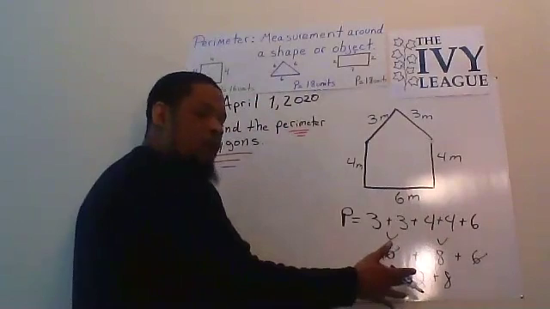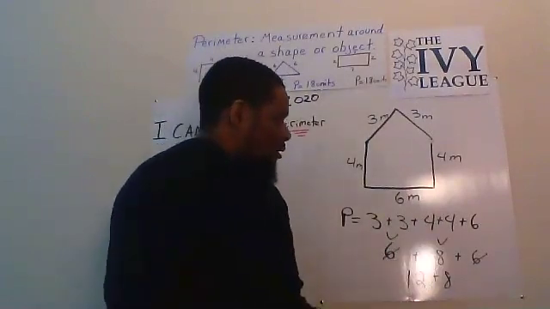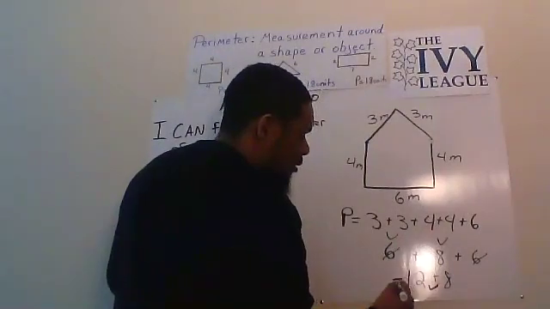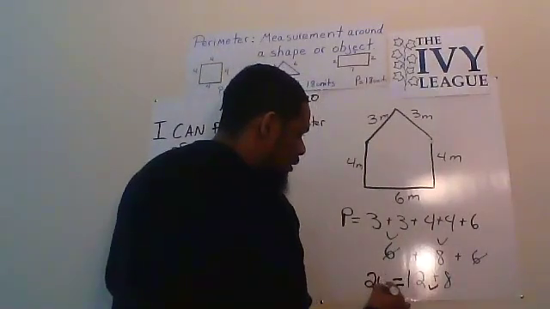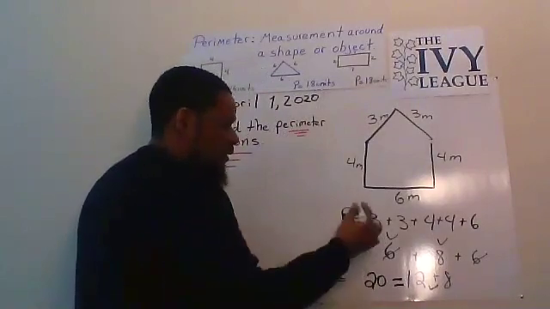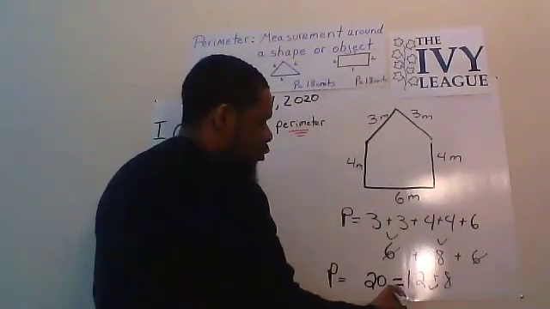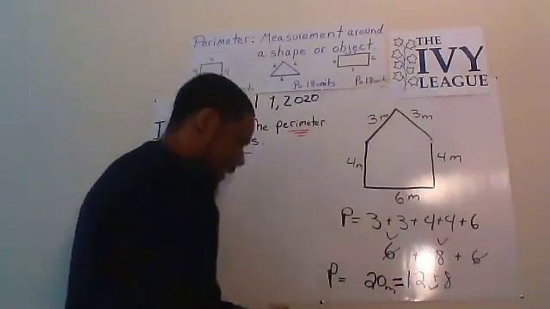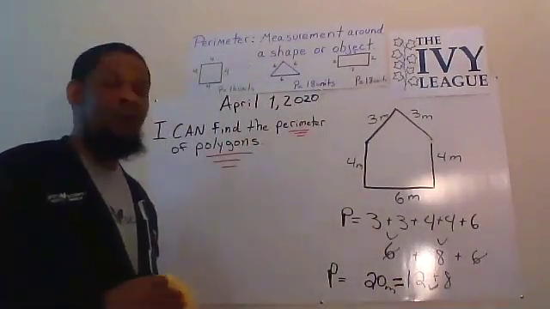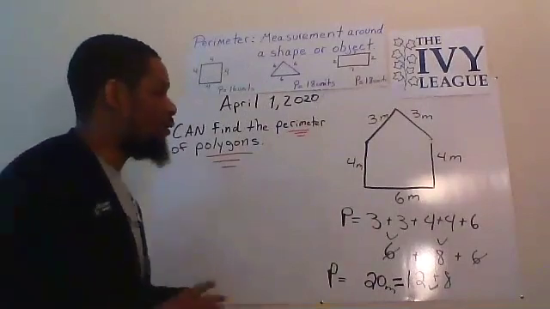And I know 12 ones plus 8 ones equals 20. So I know the perimeter of this pentagon is 20 meters. Excellent job, class. We're doing a great job drawing these polygons, okay?